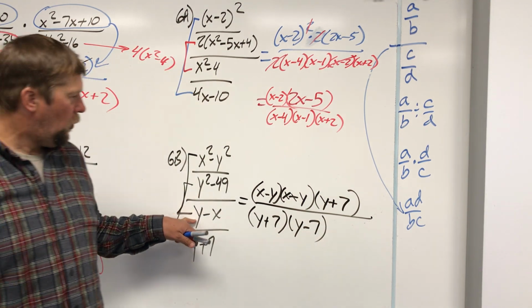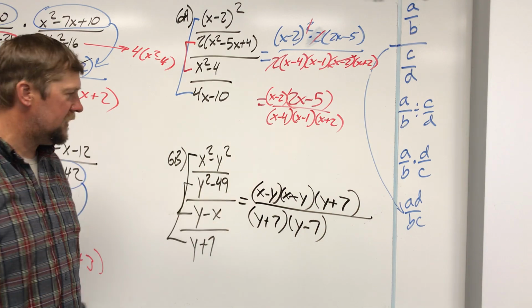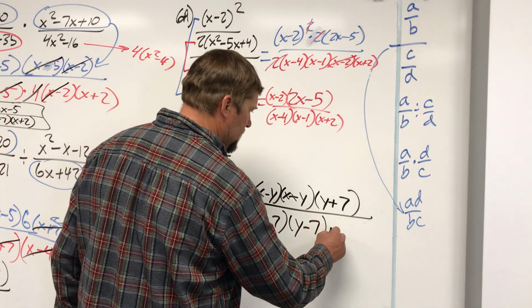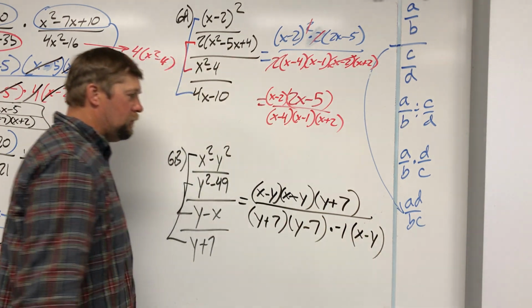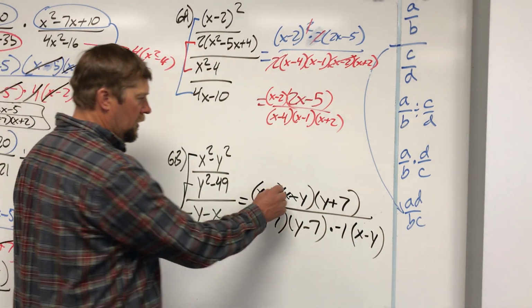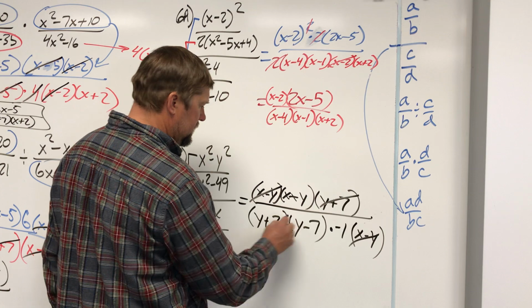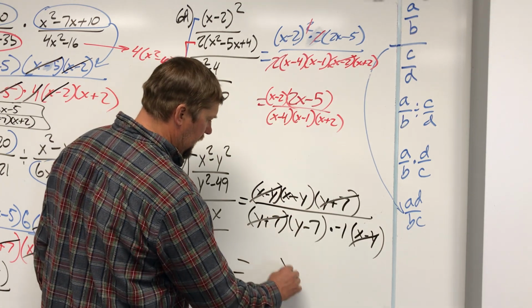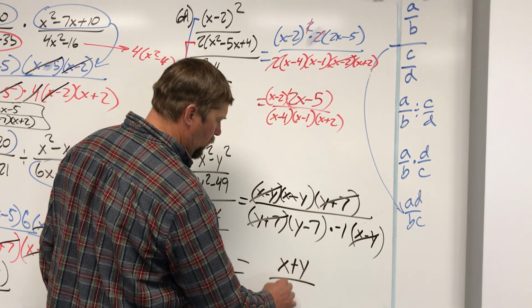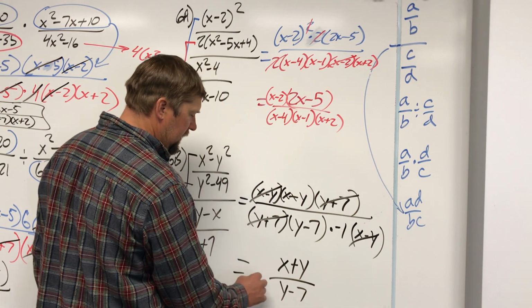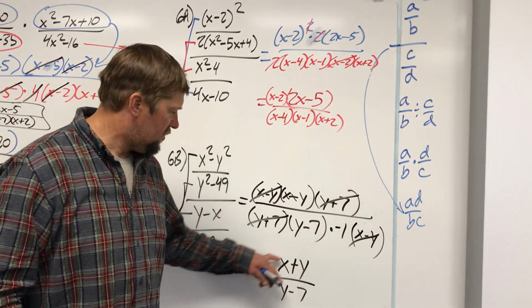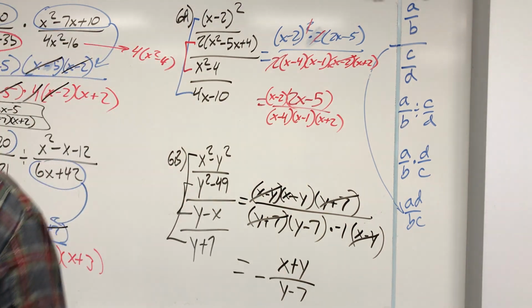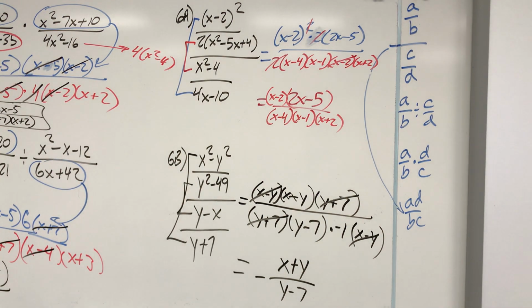So since y minus x is the opposite of x minus y, I'm going to factor out a -1 and make it an x minus y instead. Cancel those out, leaves me with x plus y over y minus 7. And you can either put a negative out front because of the -1, or distribute it through the top and get negative x minus y over y minus 7.